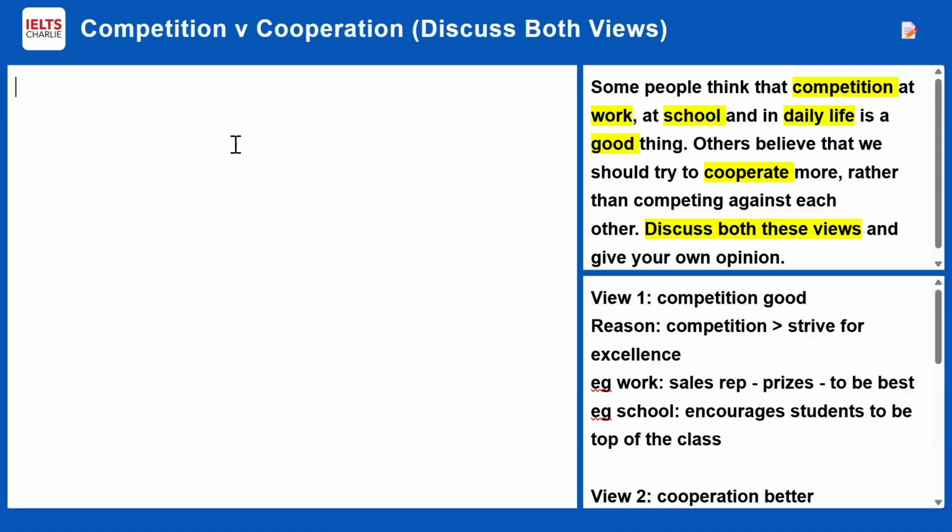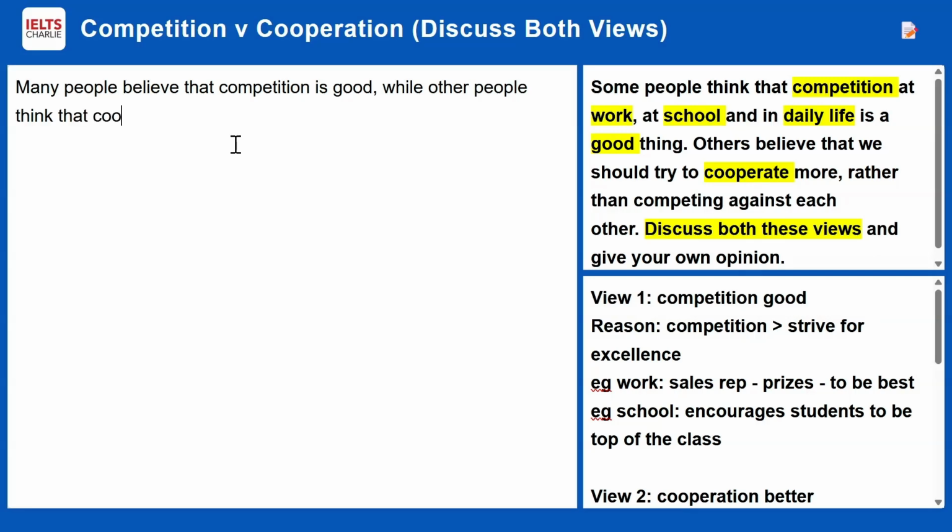So you could write something like, many people believe that competition is, I wouldn't use the phrase a good thing, but you could simply say it's good, while other people think, because we've used the word, trying to avoid using believe again, other people think that cooperation is preferable.